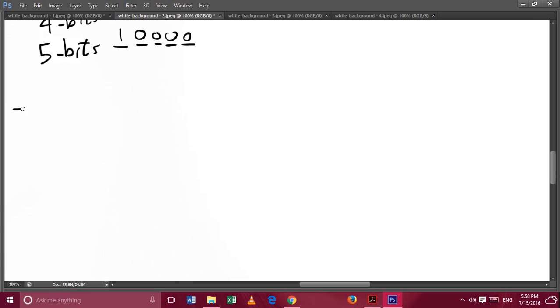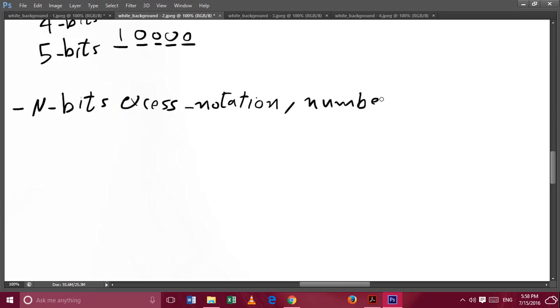In an n-bits excess notation, the system is capable of expressing numbers in the range from -2 to the power n minus 1, to plus 2 to the power n minus 1, minus 1. Okay, so this is the range.